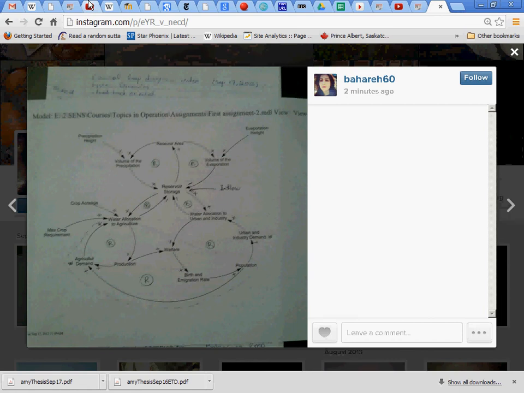So the point is, these loops have to do with not just definitions of how we happen to define something, that more of this means less of that, but actually some sort of causal pathway, some mechanism in the world that's typically represented.